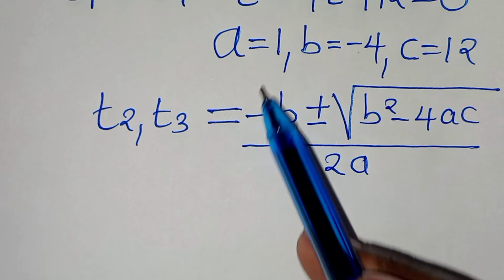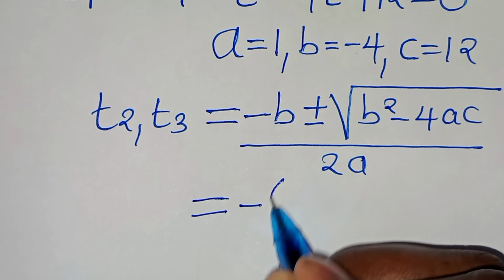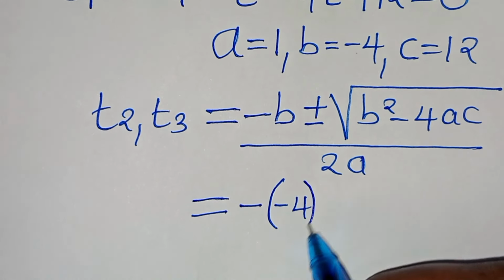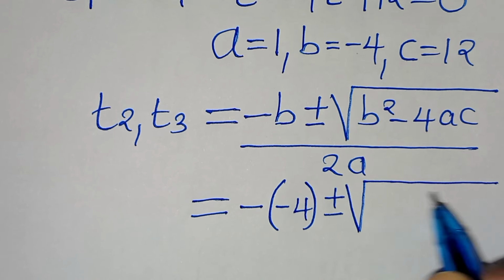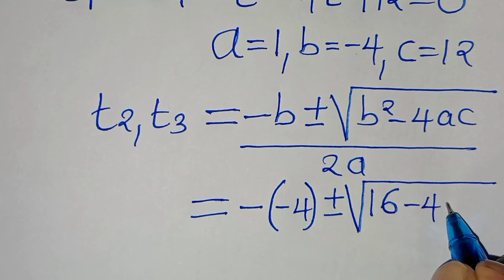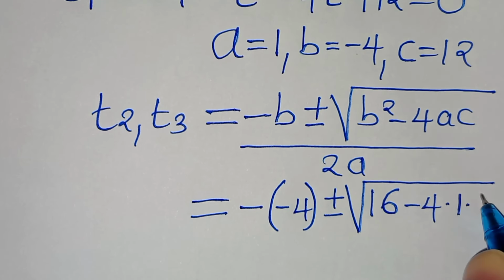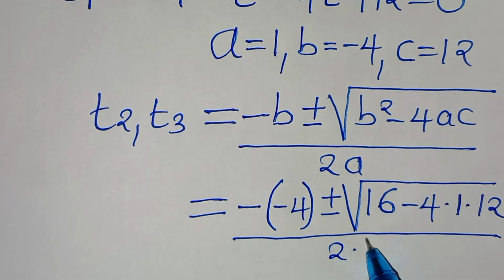Substituting the values of a, b, and c, we have minus minus 4 plus or minus the square root of minus 4 squared, which is 16, subtract 4 times a, which is 1, times c, which is 12, everything divided by 2 times 1.